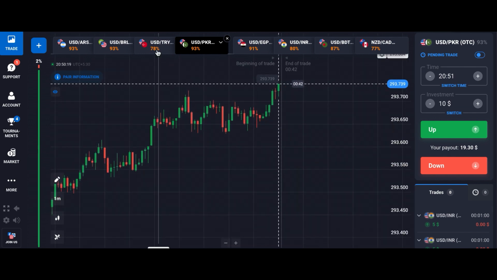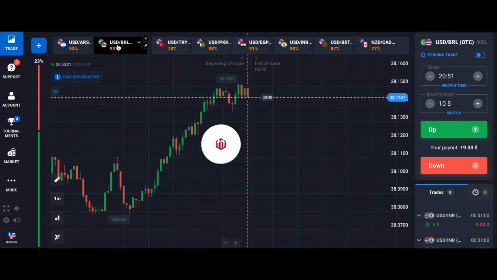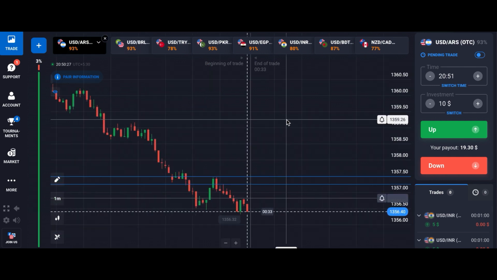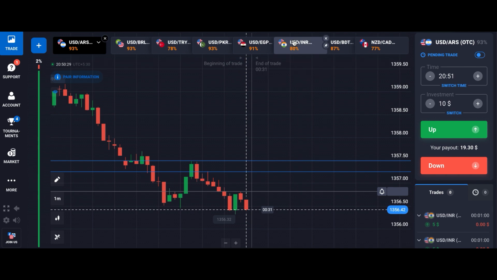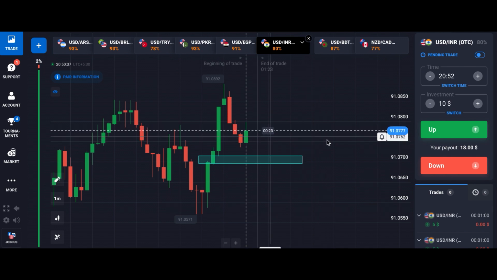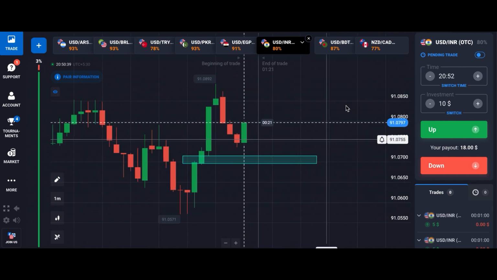So always believe in yourself, always believe in the strategy which you are going to use. And now you can see the market is going up. No worries.